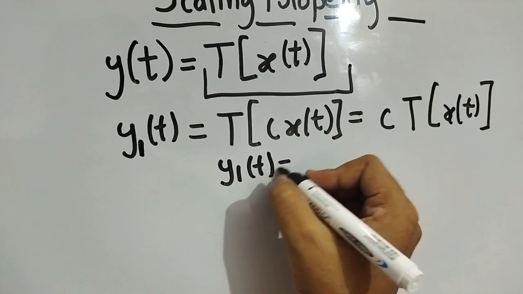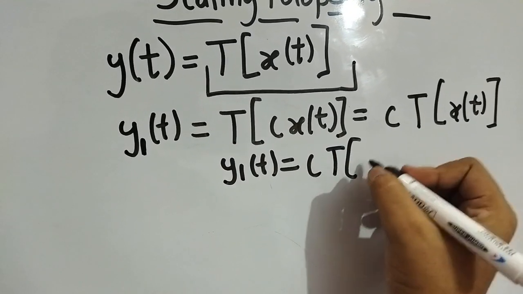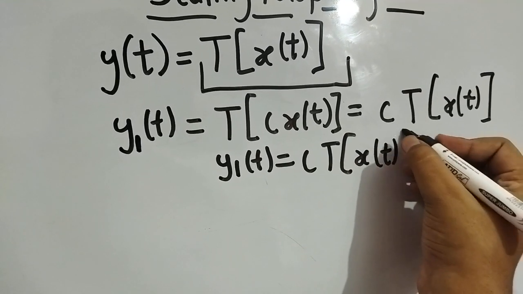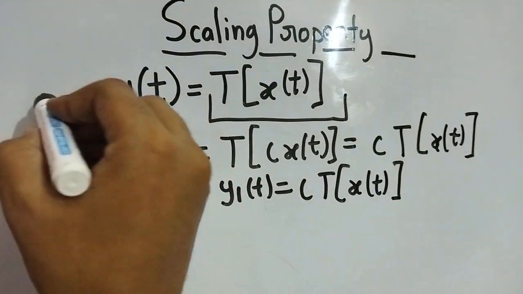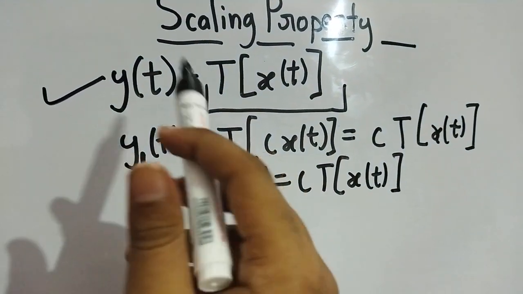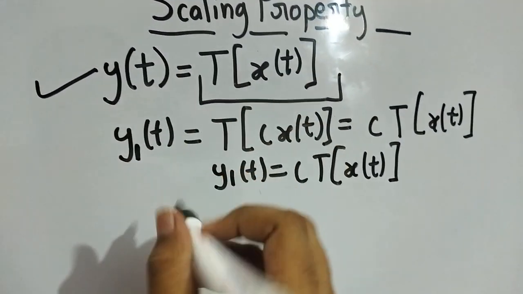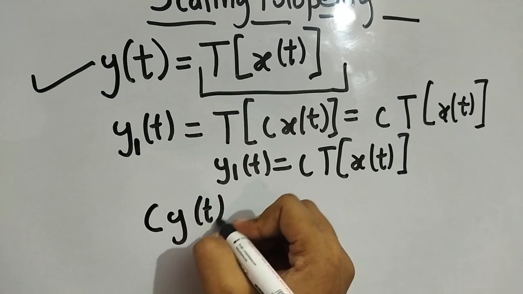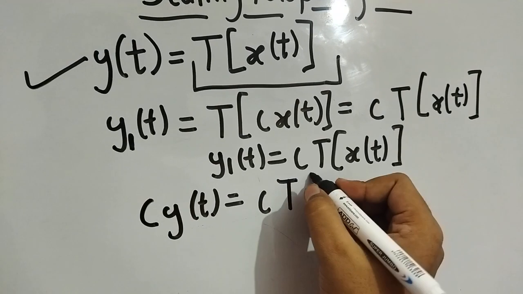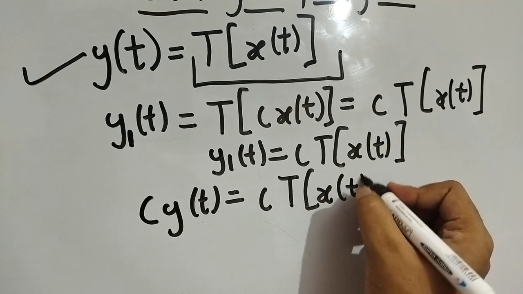Let's write it here. Now we will multiply y of t with c on both sides: c into y of t equal to c into t x of t.